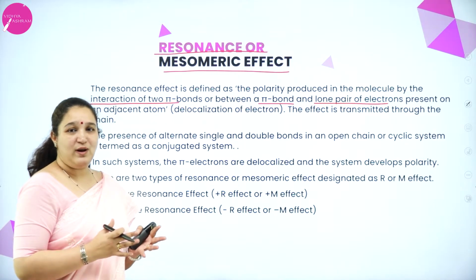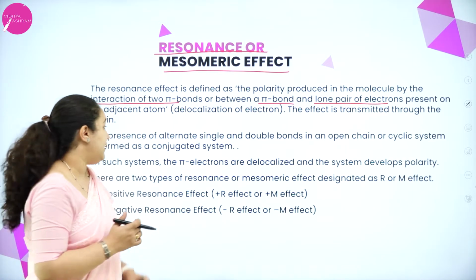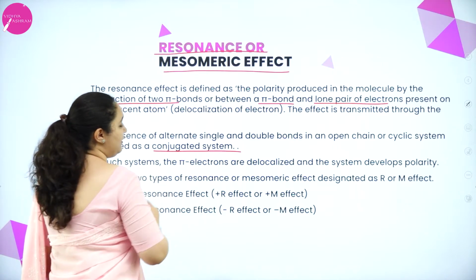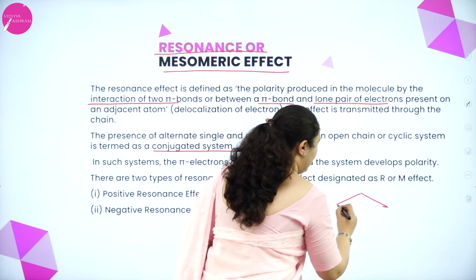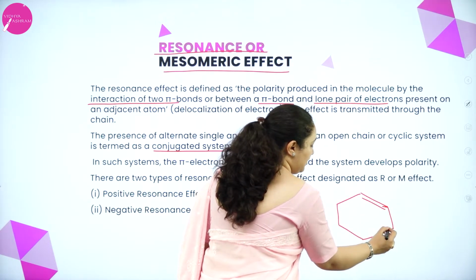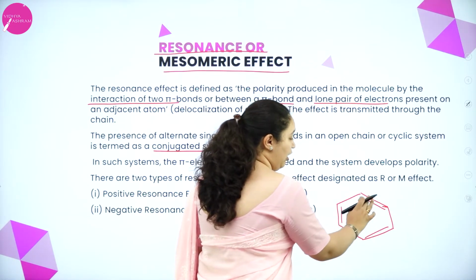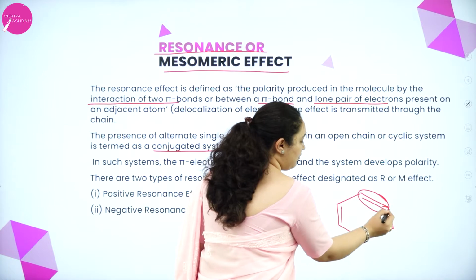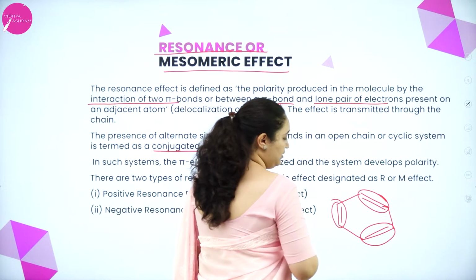Now if a molecule has alternate single and double bonds, such a system we call a conjugated system. For example, I can take the benzene ring. We have a double bond, then single bond, again a double bond, single bond, again a double bond, single bond.